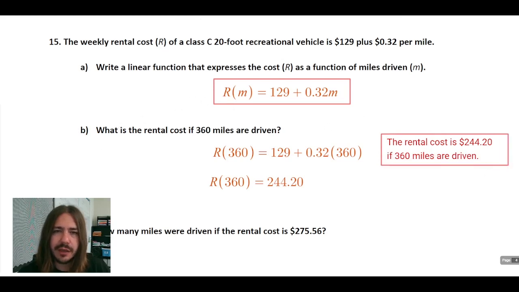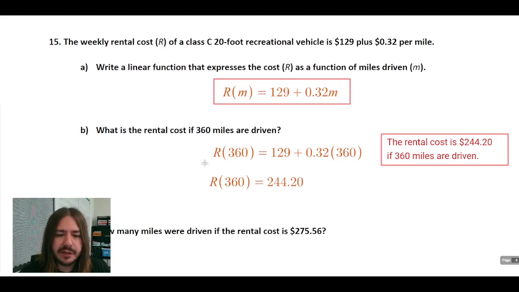I'm literally just taking the question and rearranging the words so that I can give my answer as part of the answer to the question. It says, what is the rental cost if 360 miles are driven? I'm saying, well, the rental cost is this if 360 miles are driven. Hopefully you see that I'm not being too creative here. You don't have to. You just reword the question and inject the answer into it.